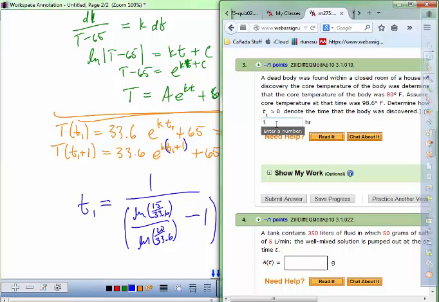Oh, enter a number. Can't enter an expression. So, punch that in. All right, let's see what happens.